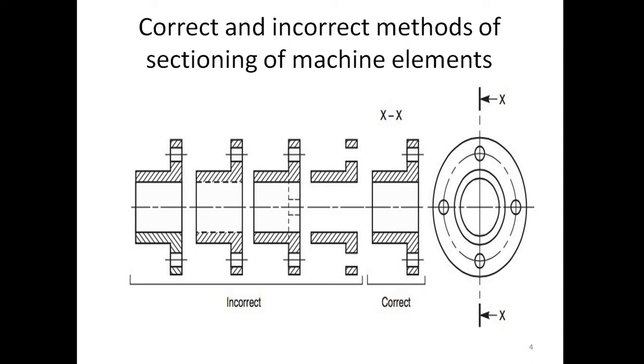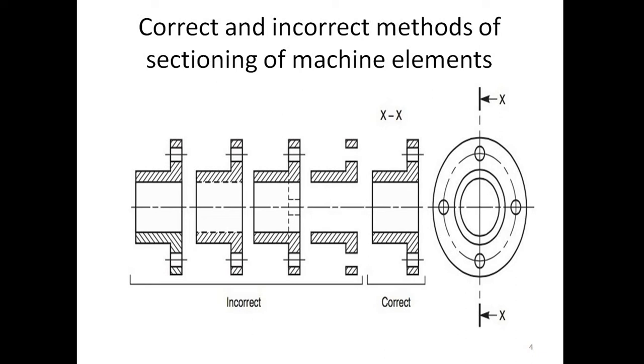Then the third method is again incorrect. Small holes are shown visible because of the cut section, but in a cut section the inside diameter is also visible, but here it is shown by dotted lines, which is an incorrect method.